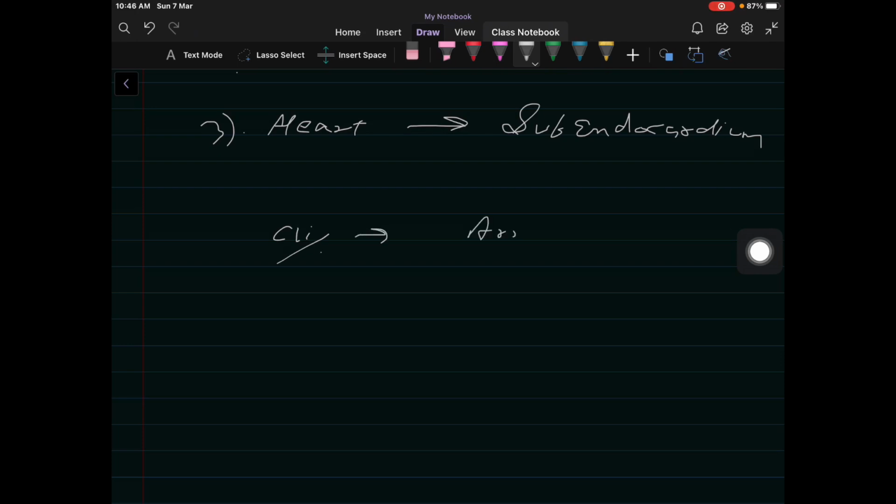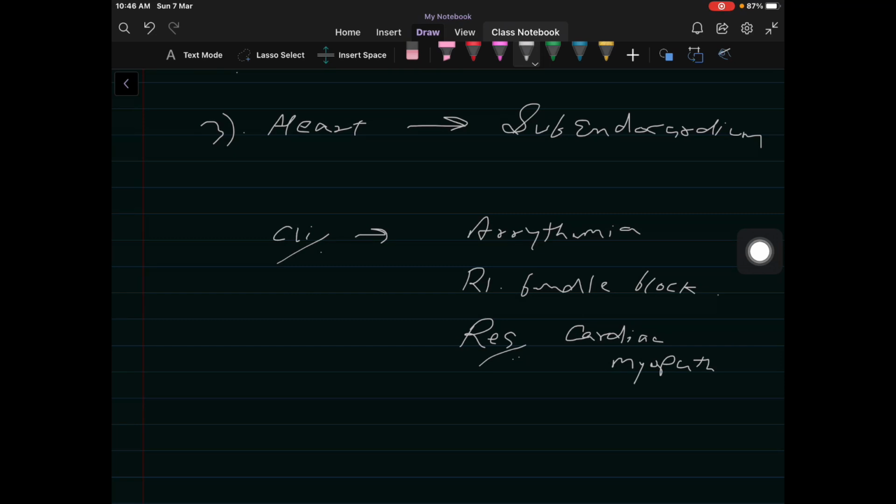The clinical presentation will be arrhythmia, right bundle branch block, and restrictive cardiomyopathy.